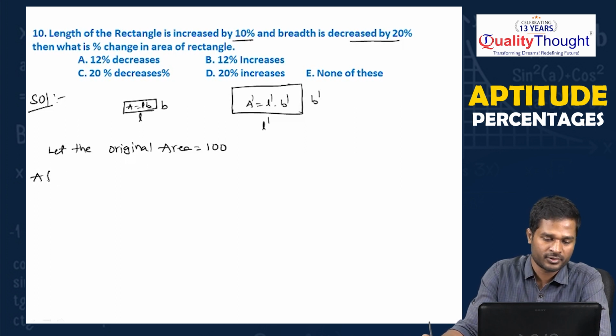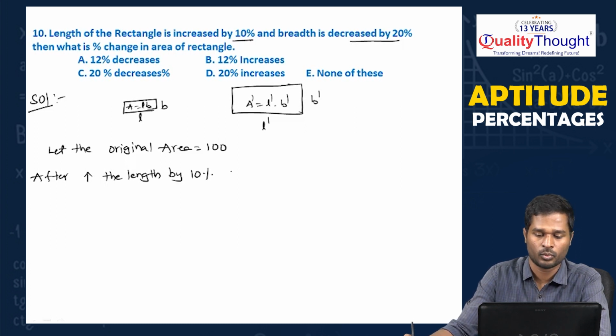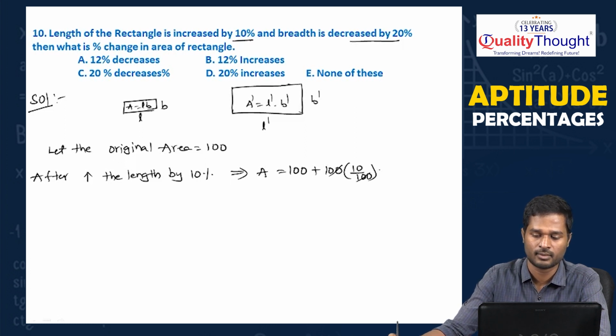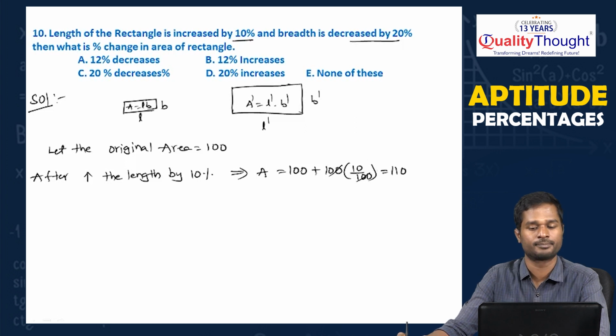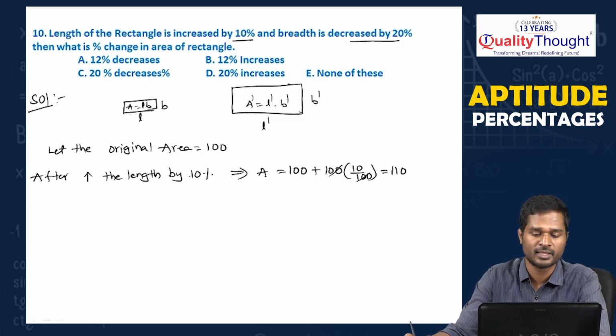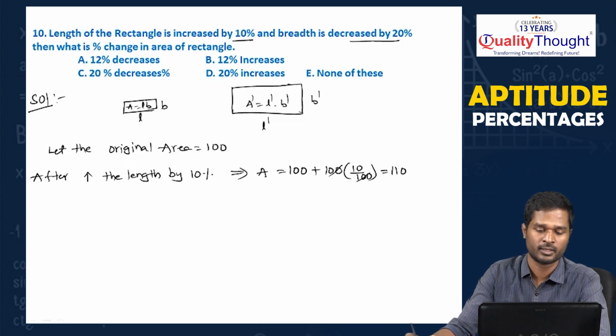Now, see after increasing the length by 10 percentage, what will the area become? So, area will become 100 plus on this 100 10 percentage is increased. So, 100 will cancel, 100 plus 10 is 110. So, after we increase the length by 10 percentage, the new area will become 110.